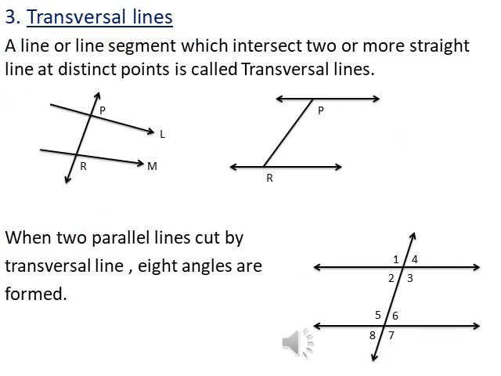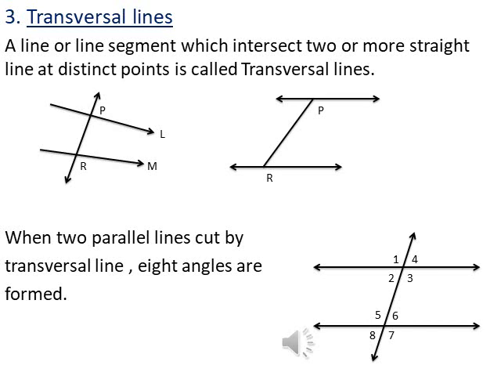Now let us see what a transversal line is. A transversal may be a line or a line segment which intersects two or more straight lines at distinct points. In this figure, line L and line M both are straight lines and they are intersected by a transversal PR at two different points, that is point P and point R. It may also be a segment.